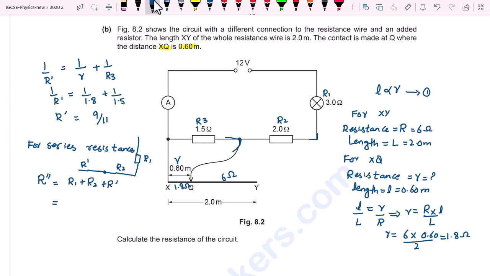So I just add all of these. 3.0 plus 2.0 plus R prime is given as 9 over 11. So when I add all of these, I get R double prime is equal to 5.8 ohms. This is the overall resistance of this circuit. So I write answer here.